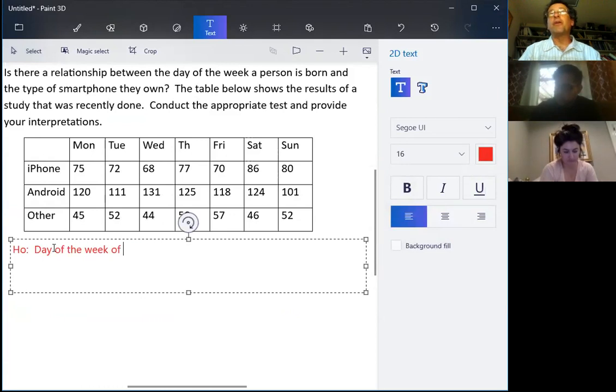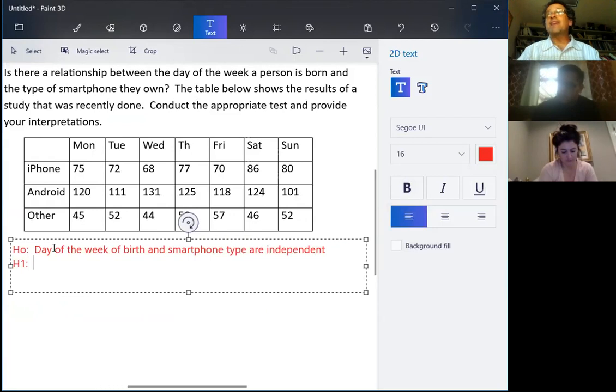I'll just call it day of birth. Day of the week of birth and smartphone type are independent. Any guess on what H1 might be? Or not.